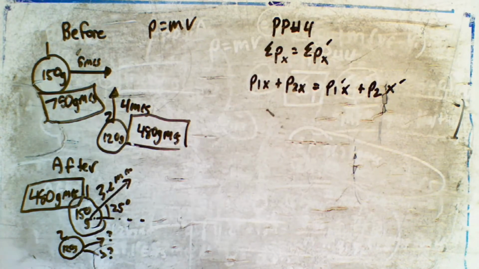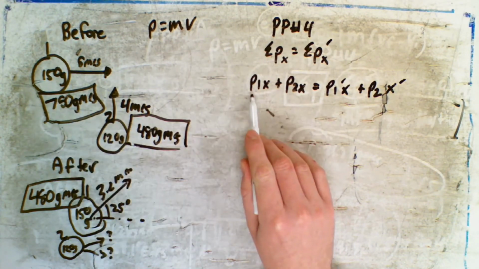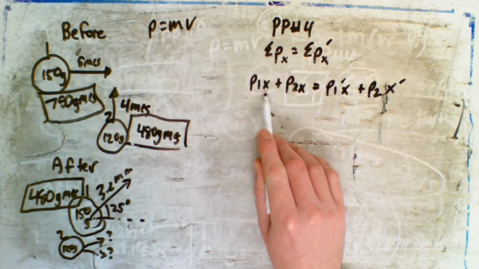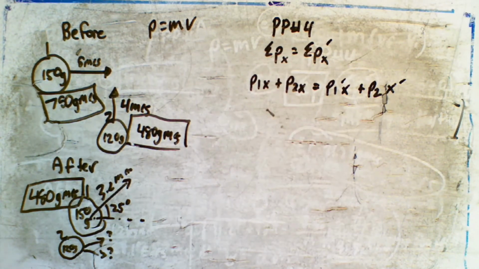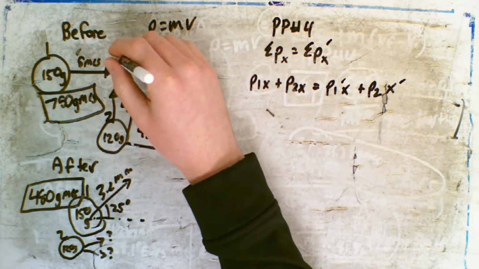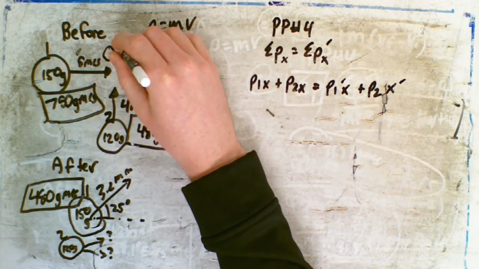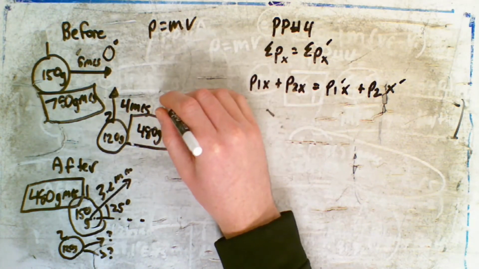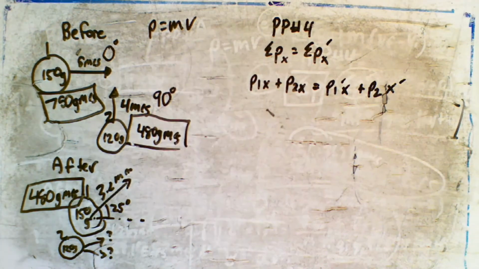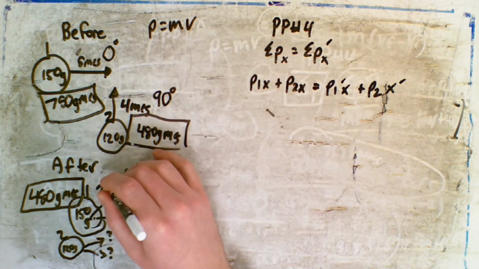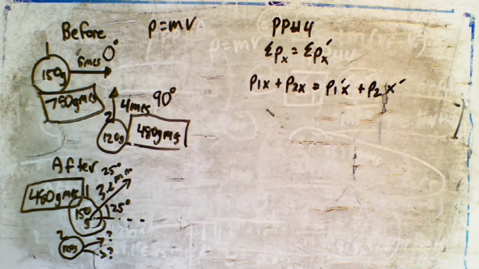Okay. So we know momentum 1 is 750. And to make it in the x, if we're in RCS, we just have to go cos. So let's put in our RCS angles as well, right? This is going to be 0 degrees in RCS. This is going to be 90 degrees in RCS. And this one's going to be 25 degrees in RCS.